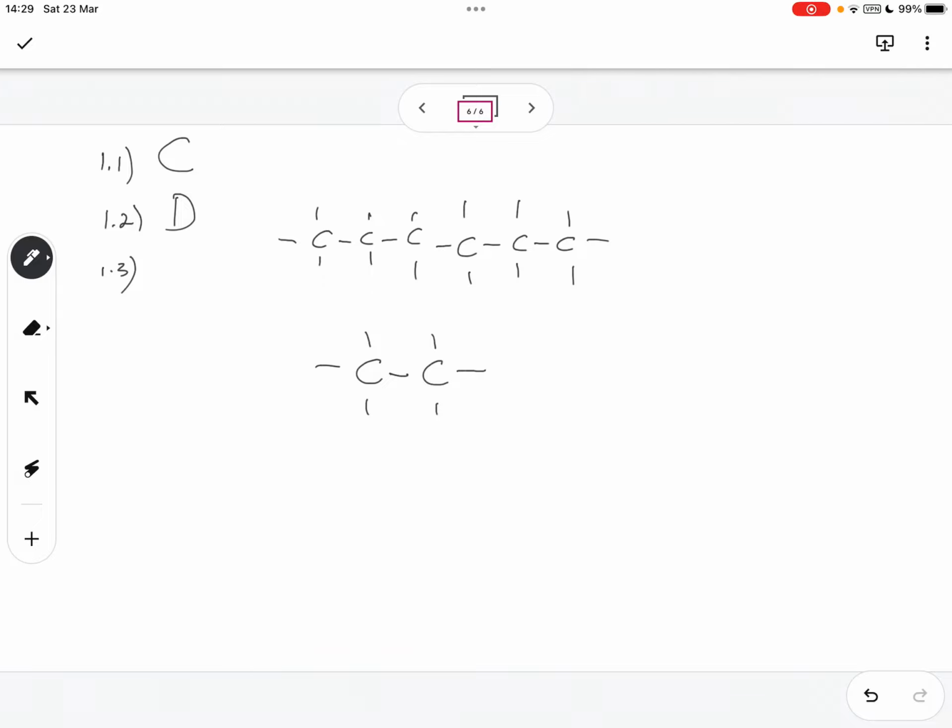Check this. What I'm seeing is, so there's 2. Say like this one, that's a branch. 1, 2, 3, 1, 2, 3, and then the last C, 1, 2, 3.